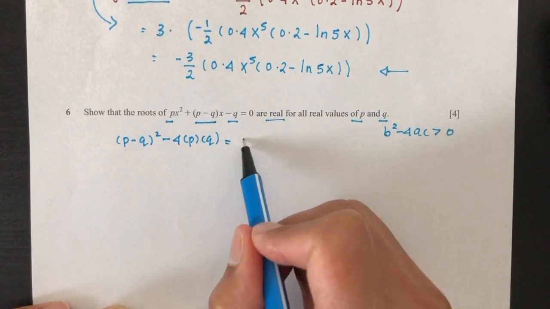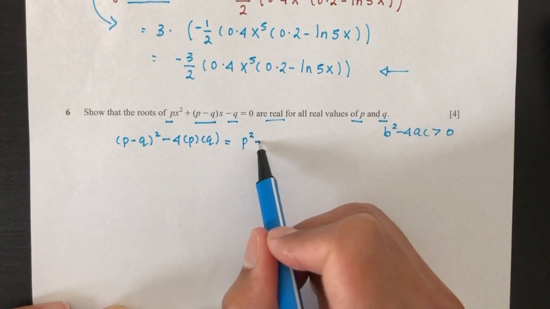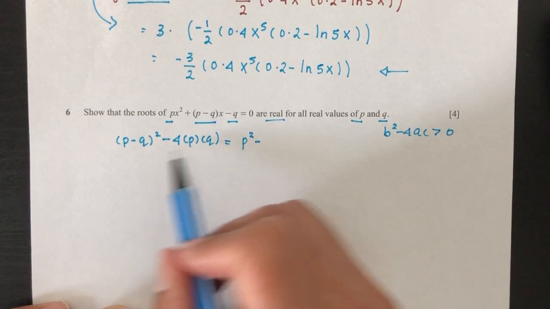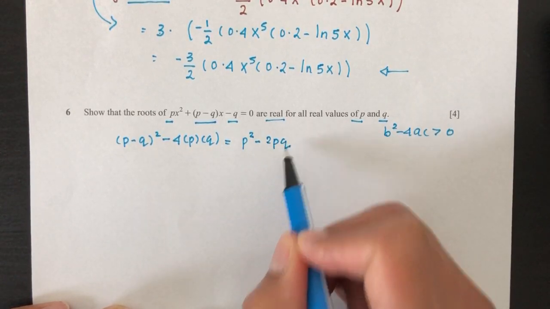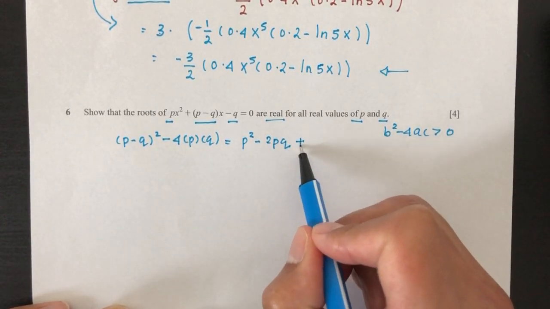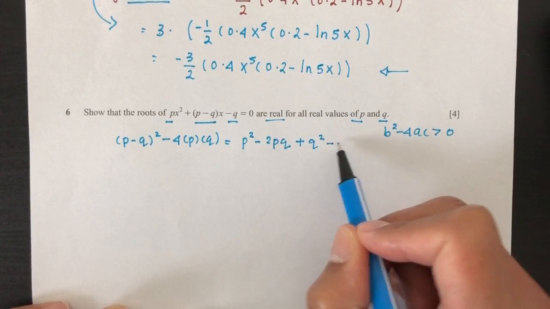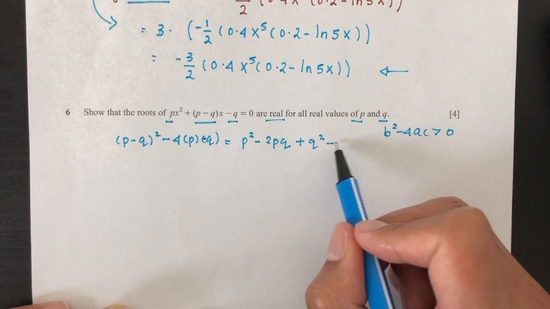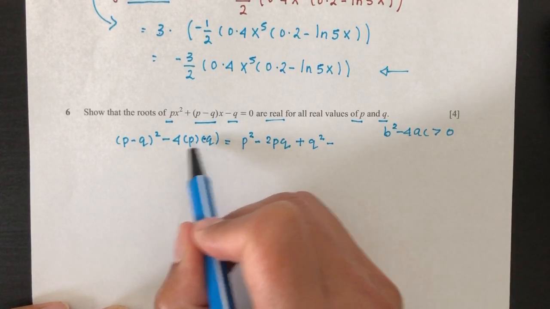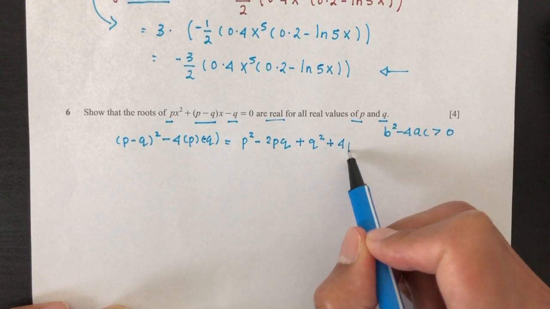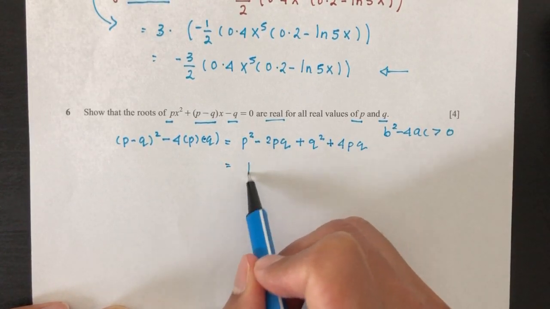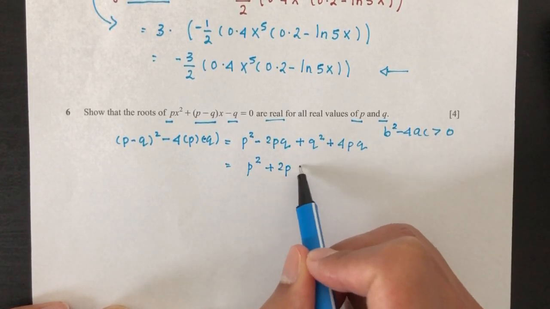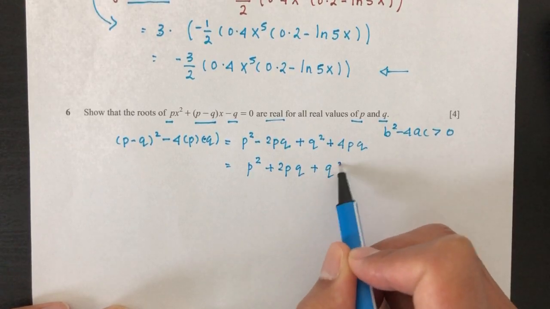This expands to p squared, 2pq, plus q squared, minus, sorry, c is minus q. That will be minus, so that minus becomes plus 4pq. That is p squared minus 2 plus 4 is plus 2pq plus q squared.